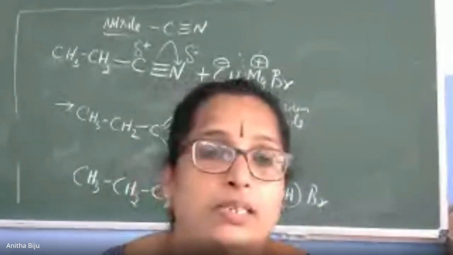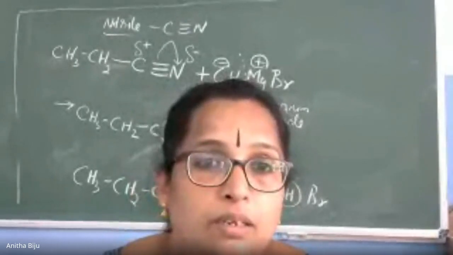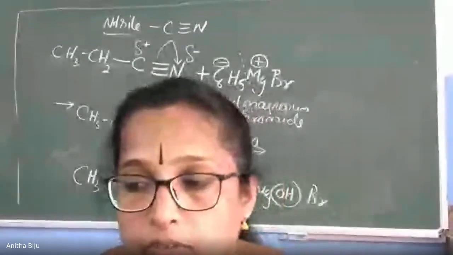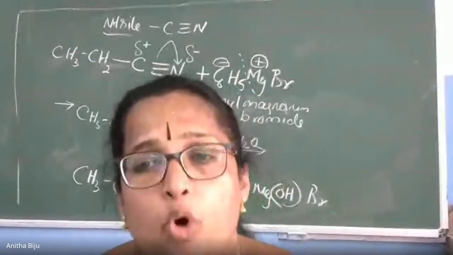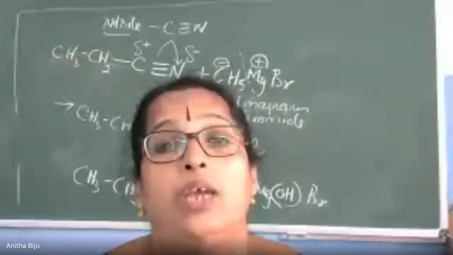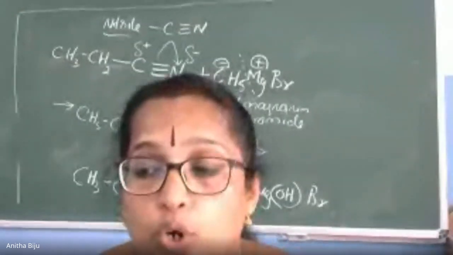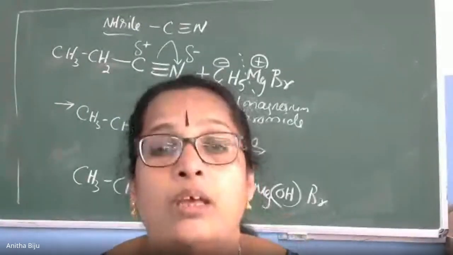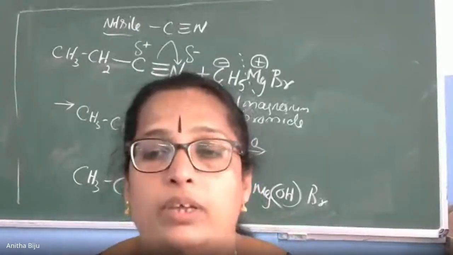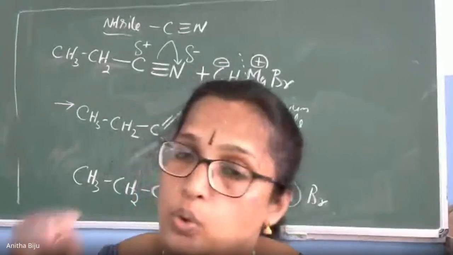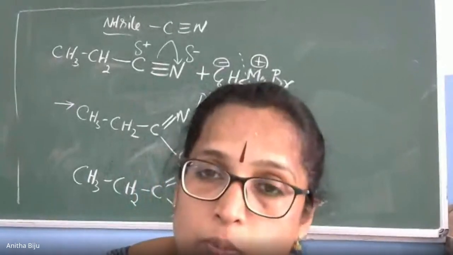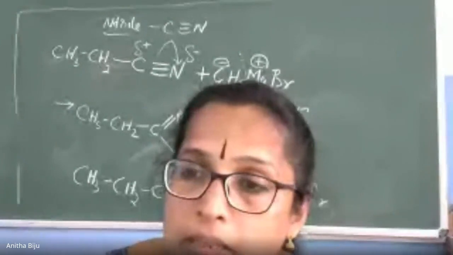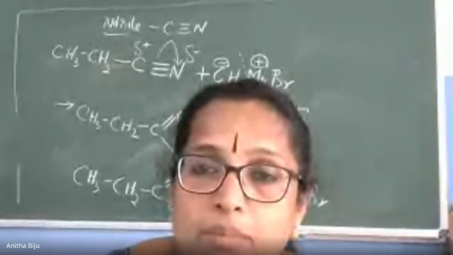Now we will discuss chemical properties. The first and most important chemical property is nucleophilic addition reactions. You can write the heading. This is a very important point. In nucleophilic addition reactions, there is one mechanism, and whatever the reagent, the mechanism is the same.